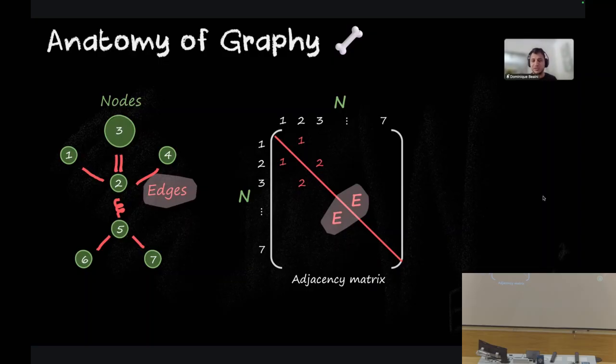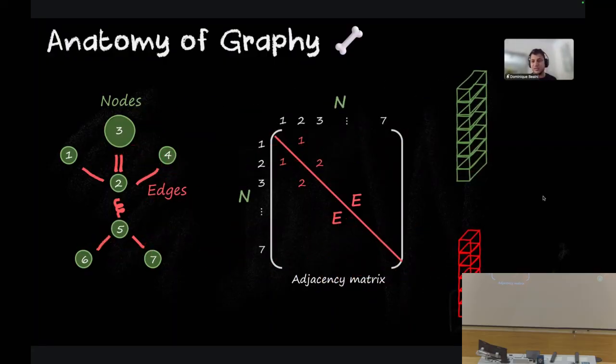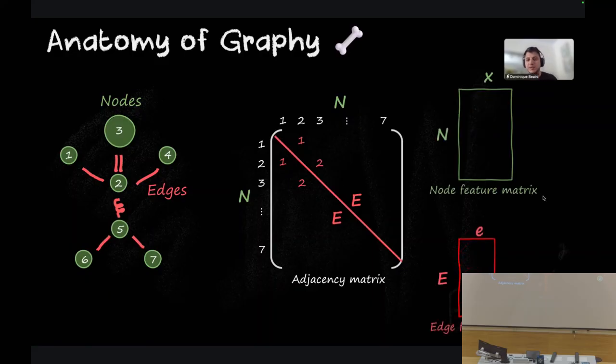And this is a sparse matrix containing a number of edges, non-zero elements. When we want to build a neural network, each of these nodes and edges are represented by vectors, and then we can concatenate these vectors to have a matrix representation of the node features and the edge features.